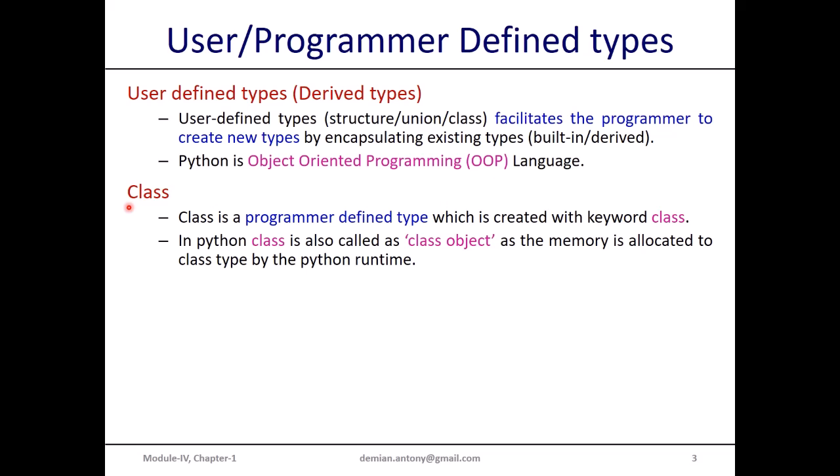Class in Python. The class in Python is a programmer-defined type or a user-defined type which is created with the keyword class. And in Python, a class is also called a class object because the Python runtime allocates memory to this class type. If you take up compiled languages like C, C++, Java, C#, the memory will not be allocated to a class definition.